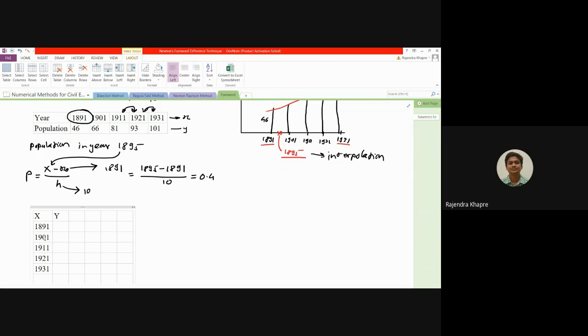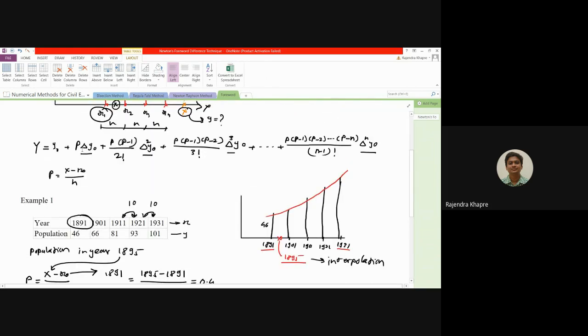In year 1891, the y value is 46, then we have 66, then 81, then 93, and then 101. So I have written a simple table. Now I have to find these delta coefficients: delta y0, delta square y0, delta cube y0, and so on.